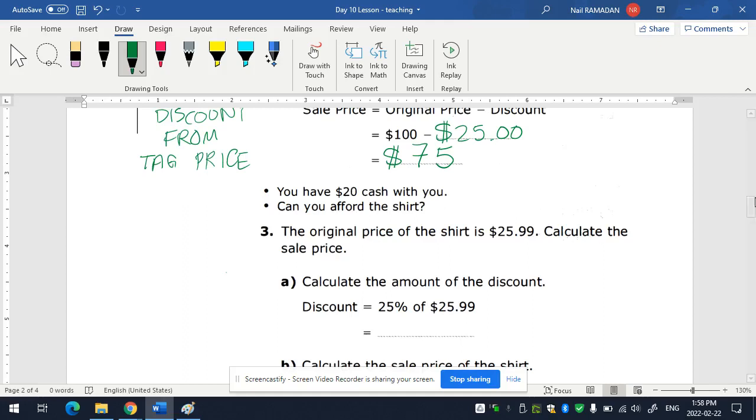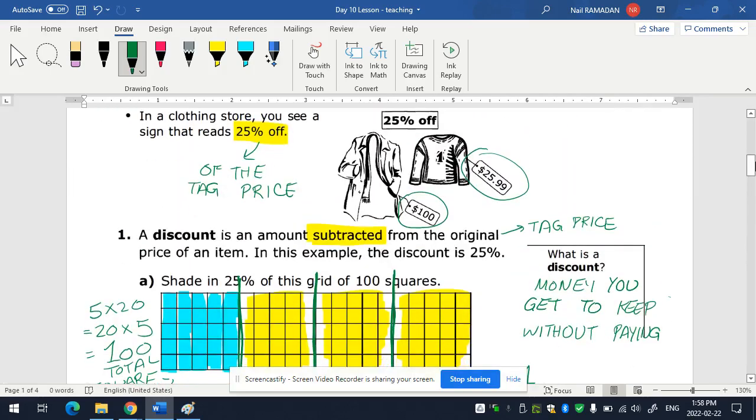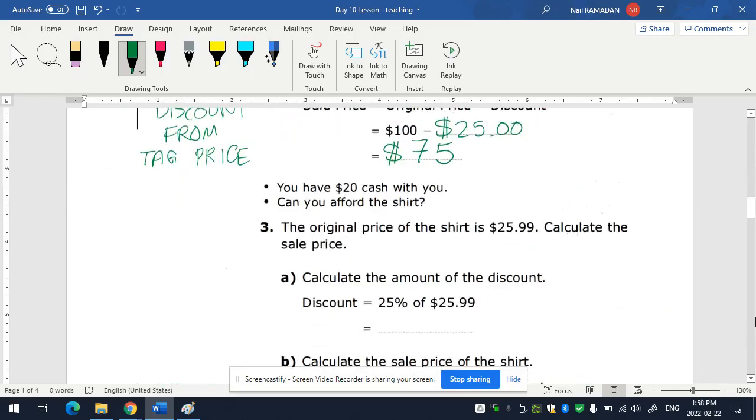The shirt, practically 26. So the question is basically saying, they're leading us through the calculation. I thought they wanted us to do it by ourselves. So the original price of the shirt is 25.99, practically $26. Calculate the sale price.